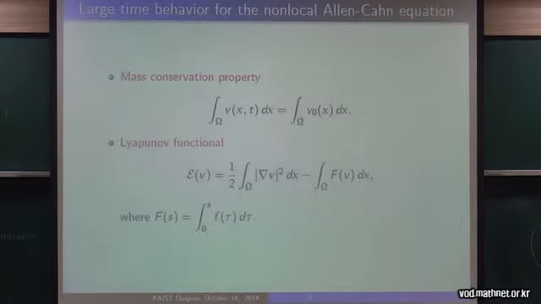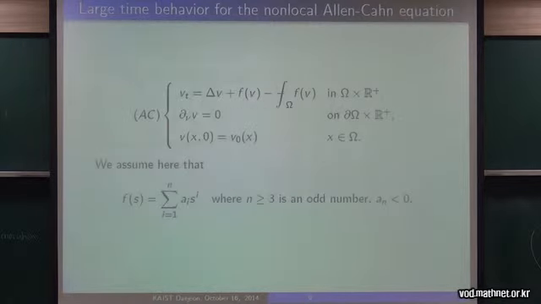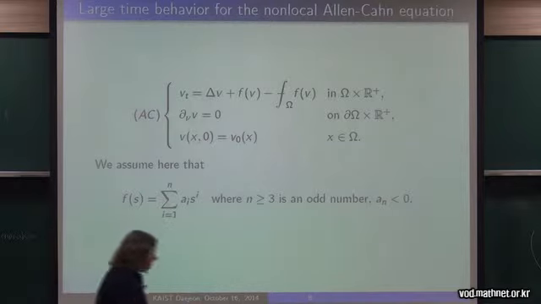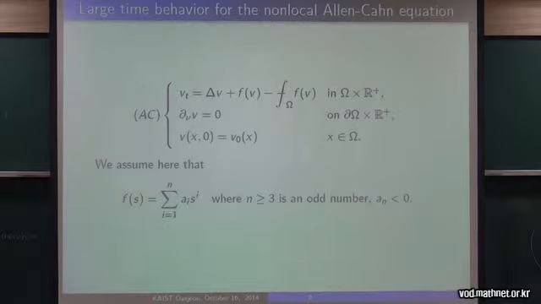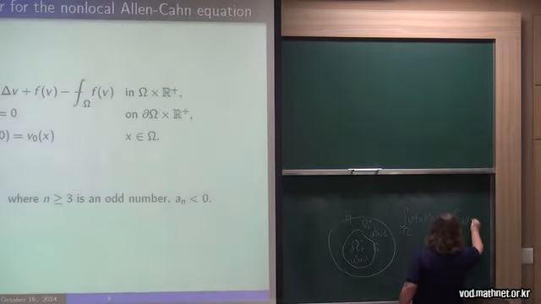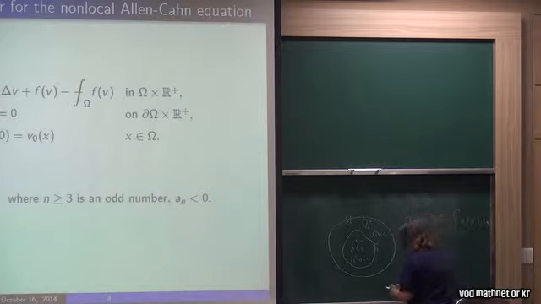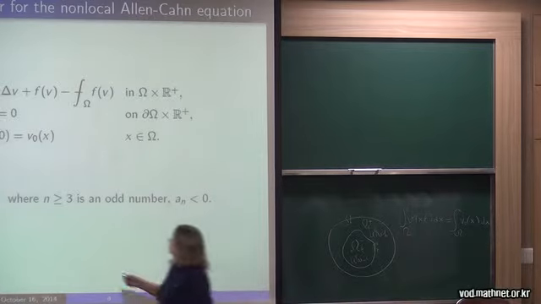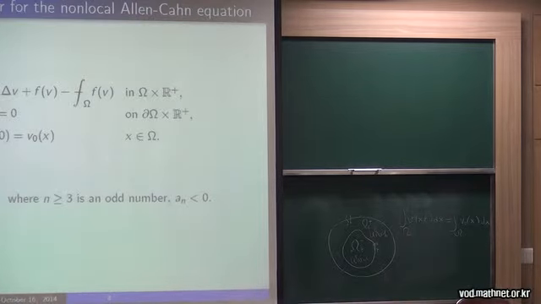So there, you can check some very useful properties. You have first conservation of mass, or conservation of the integral, that is, the integral of v of x and t dx on omega is equal to the integral of v naught of x dx. So how do you see such a property?